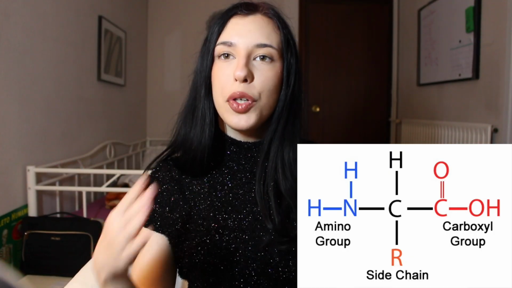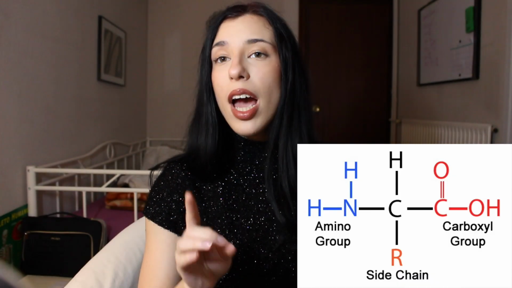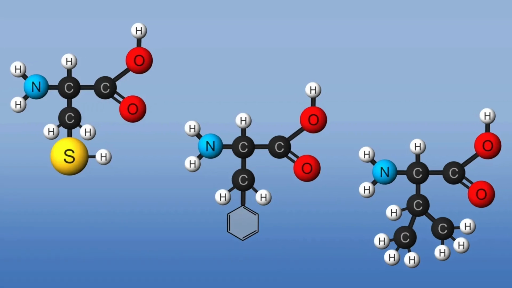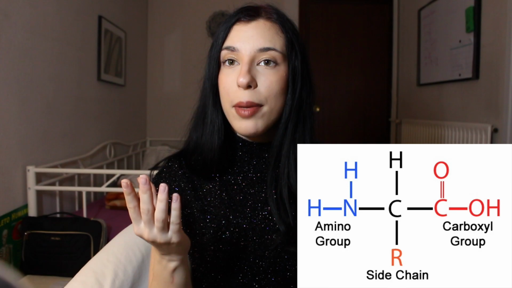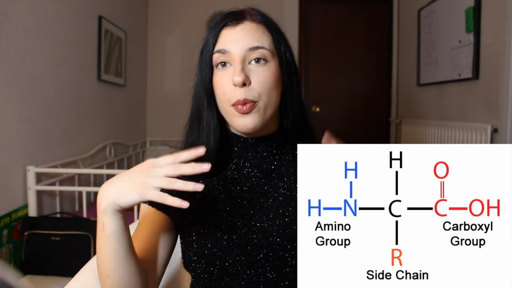To that you will have an R group, or the radical group. This group will be different for each amino acid, and based on this group the amino acid can have different characteristics, because we have a lot of amino acids and what differentiates one amino acid from the other is the radical group.